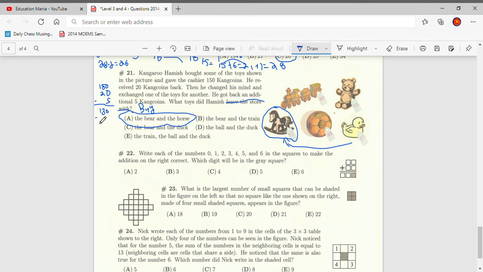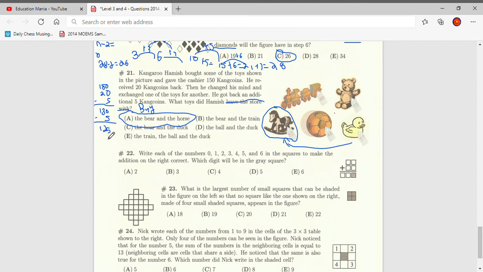Then minus 5 is equal to 125. Now, we can check if we're correct if bear plus horse equals 125. So 73 plus 52 equals 125. So we did get it correct using that one piece of info.